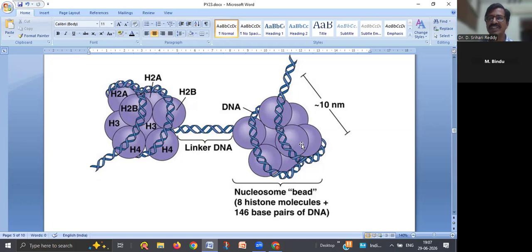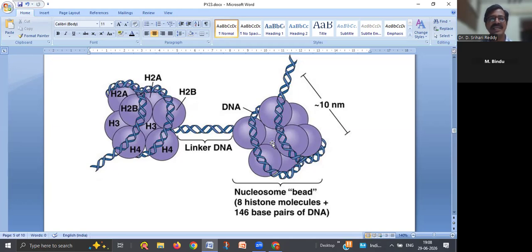So nucleosome is the structure formed by the coiling or wrapping of the double-stranded DNA around the 8 histone molecules. Each such structure is called a nucleosome. So all these nucleosomes form a supercoiled structure of DNA.